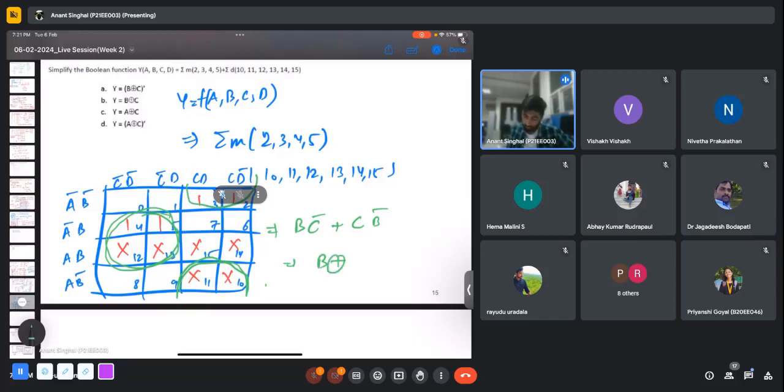So this is basically simple, B XOR C. So option B is correct. Let's see the options. I hope it is fine because some of you have written A. So I hope this is clear.